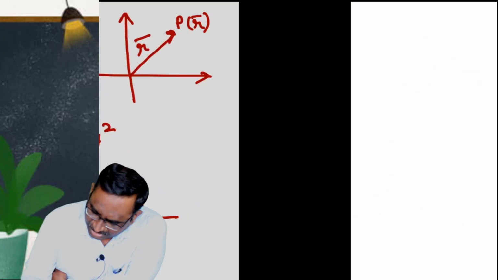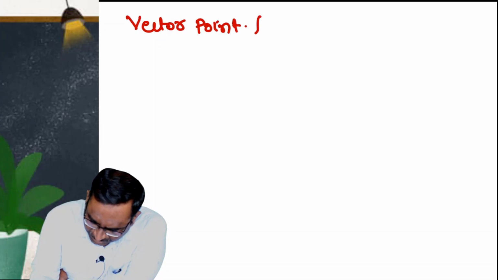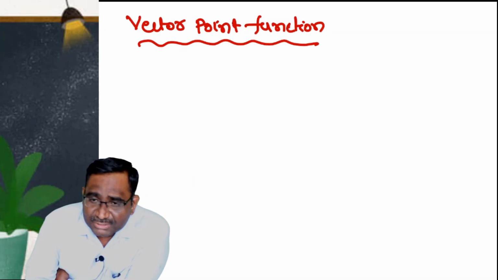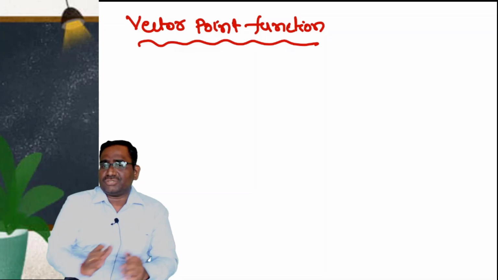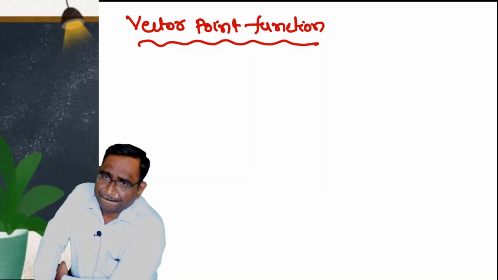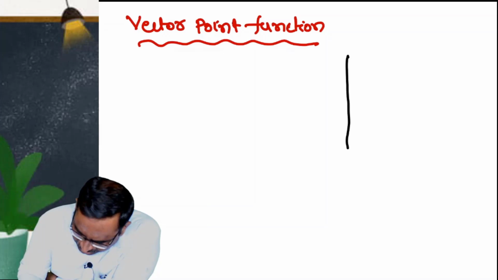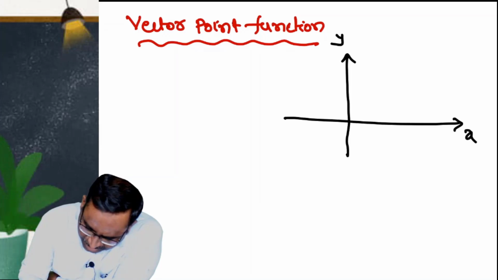Now another important function is the vector point function. Whenever we call it a vector point function, it has a direction and at the same time a magnitude. Let us see. Suppose this is a two-dimensional plane, x-axis and y-axis.